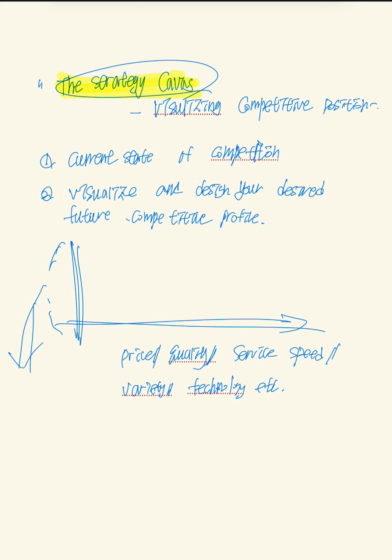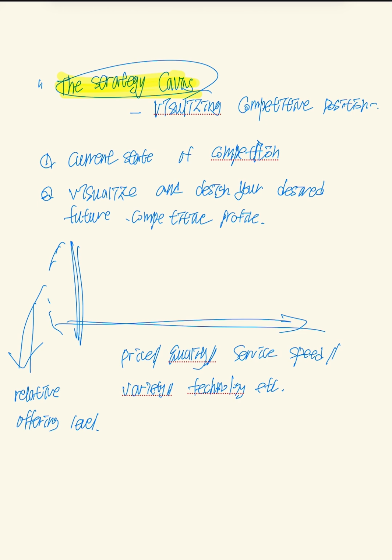And the vertical axis represents the relative offering level. So, for example, how high or low each firm invests in each factor.